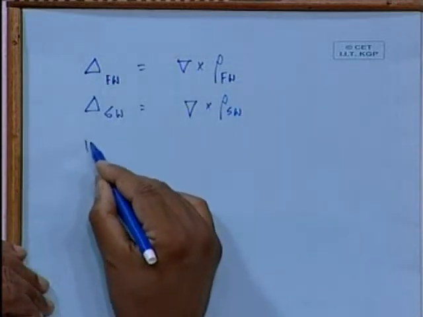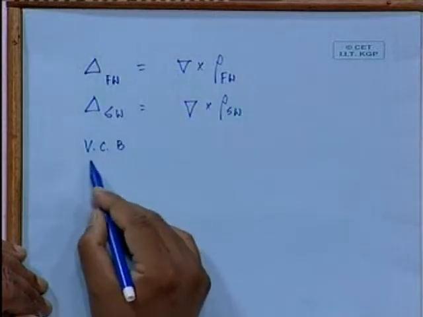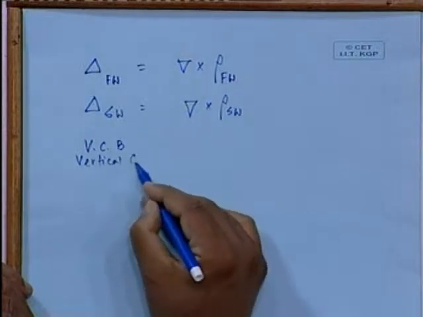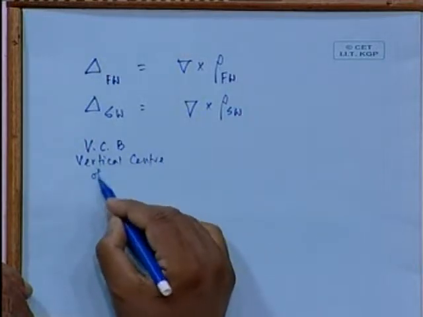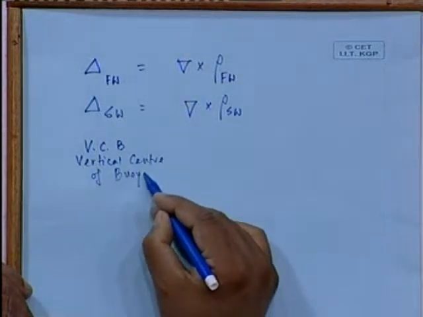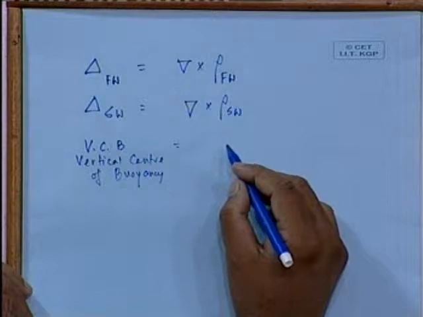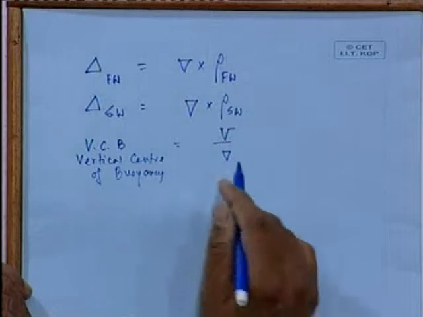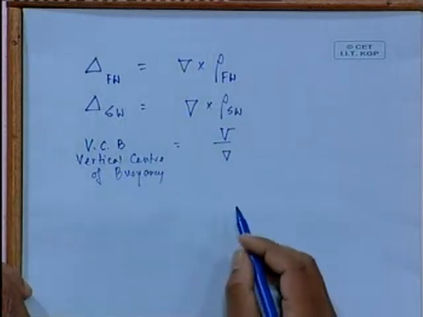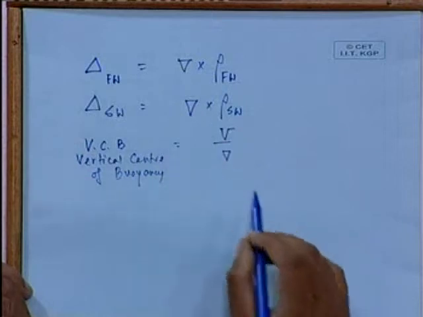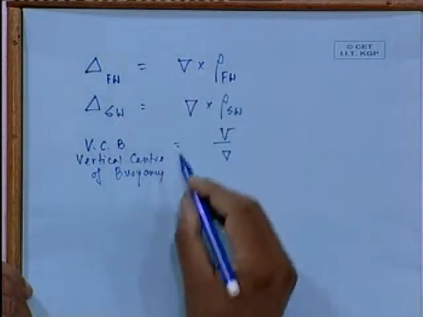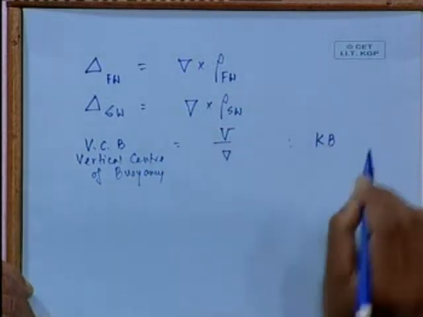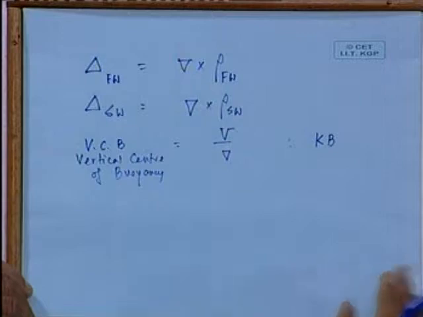Now the vertical center of buoyancy, as all of you know, is given by, of course, this divided by the volume. Okay, this is given by what we have done in the last slide. And some people write this also as KB. I will explain what is meant by KB in a minute.